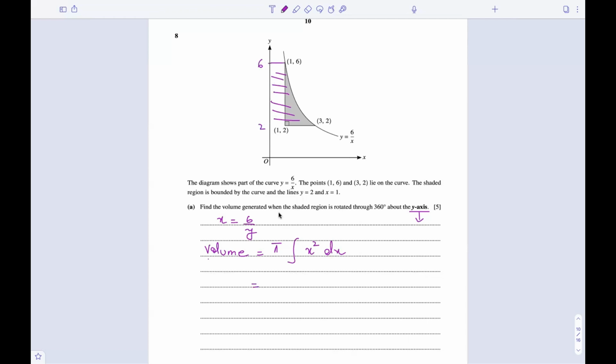So we'll write pi times the integral of 6 upon y whole squared dy, and the limits are 6 and 2. And we'll subtract from it the volume of the line, which will be 1. The equation is x equals 1 as it is a perpendicular line at the point x equals 1. So we'll write 1 squared dy, and the upper limit and lower limit are 6 and 2.